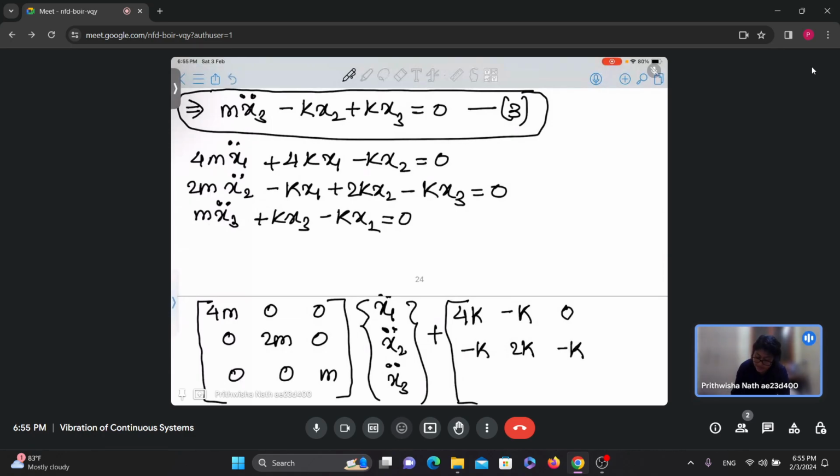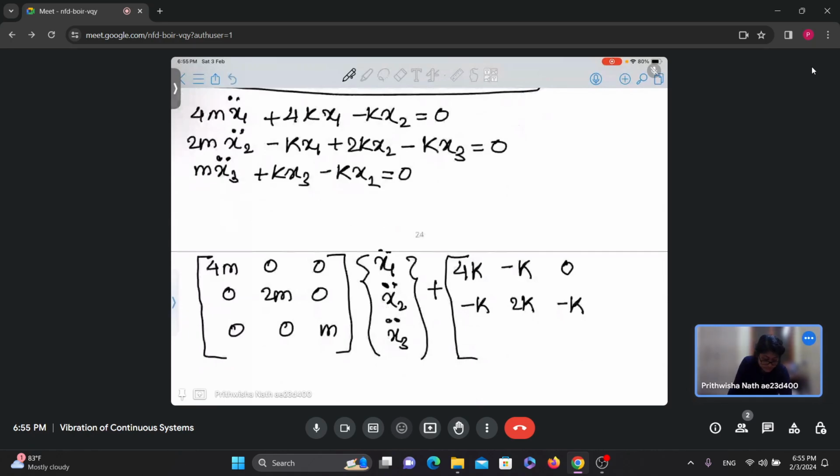Now moving on to the last equation, what is the coefficient for x1 and x2? x1 does not have any coefficient, so I write it as 0. x2 is minus k, so I write minus k, and x3 is plus k.